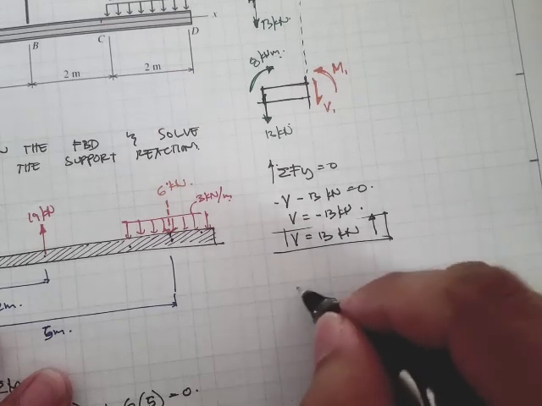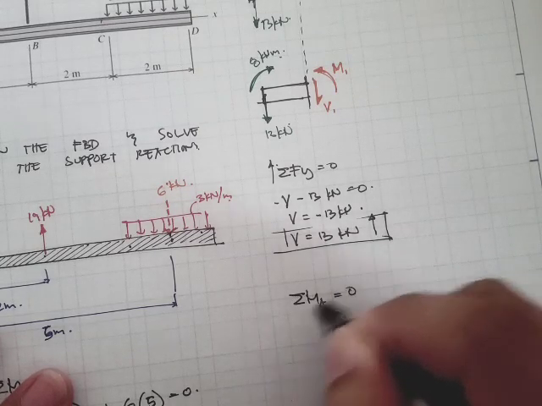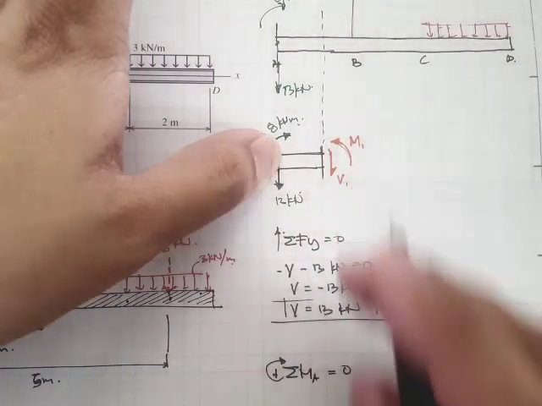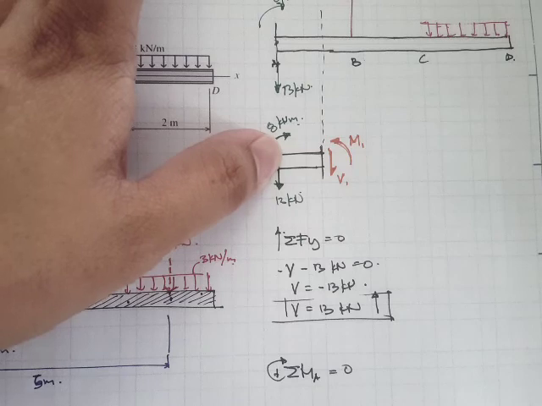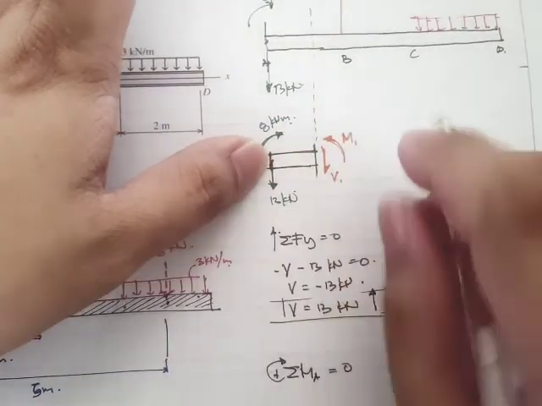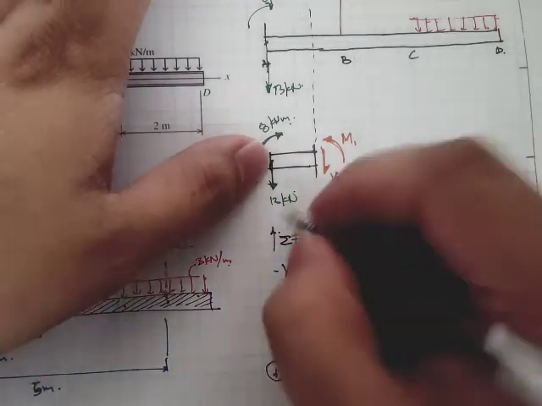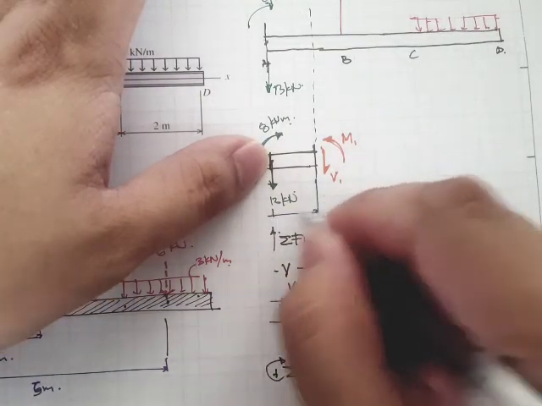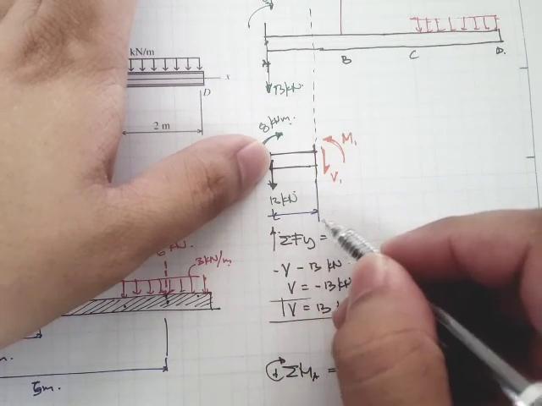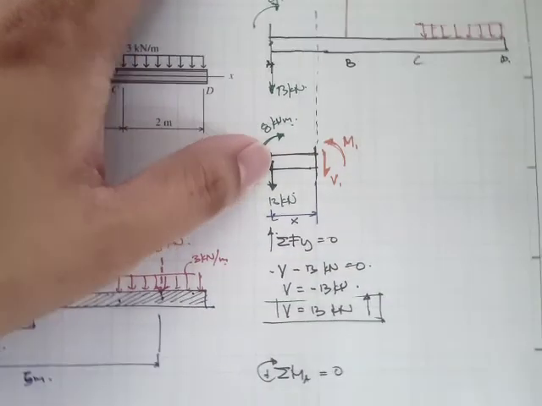Okay, and what else? Let's take summation of moments. Summation of moments at A is equal to 0. If we take moments, then we need to have some distance. Since this is an arbitrary cut, we'll just write x.